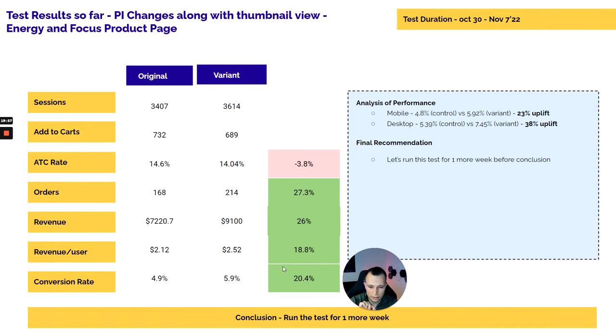20.4% conversion rate lift, but more importantly, almost a 19% lift in revenue per user. And as we can see, the revenue is substantially higher, 26% higher revenue. This is a game changer for them. And this was just the first test we did based on our proprietary CRO audit.